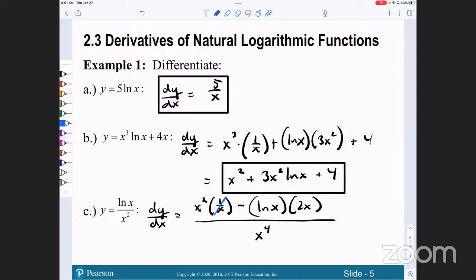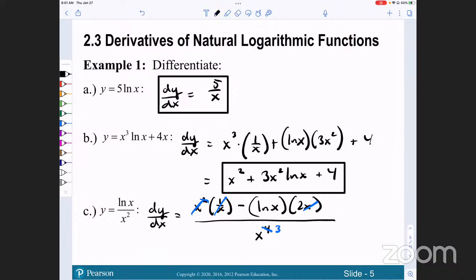This 1 over x is going to turn this x squared into just a single x. Just because I'm running a little short on space, we could factor out an x from both of those terms on top, right? So if we factor out an x, they merge, and I'll skip some steps, but those x's are going to turn this 4 into a 3.